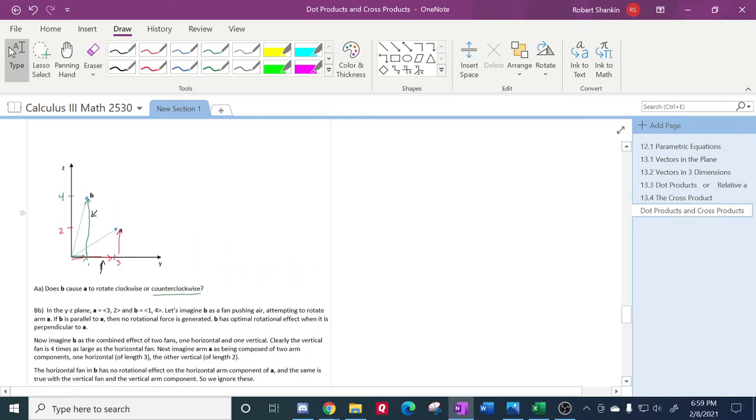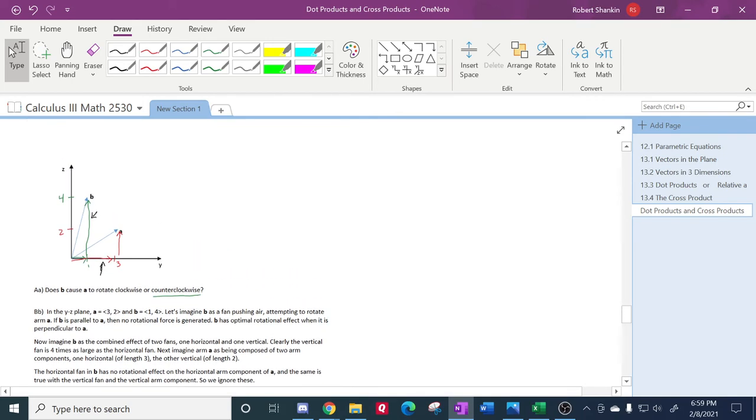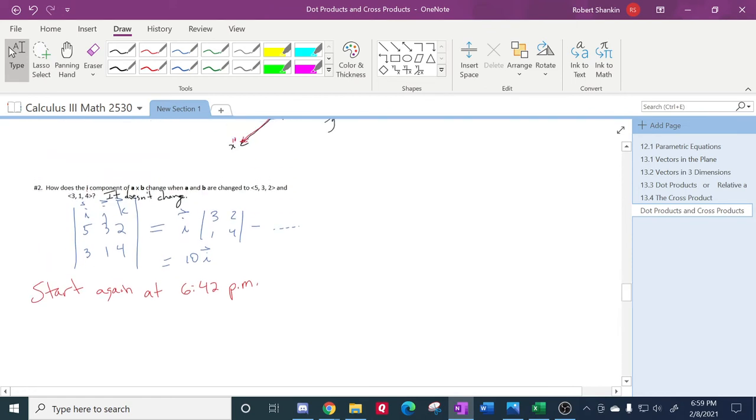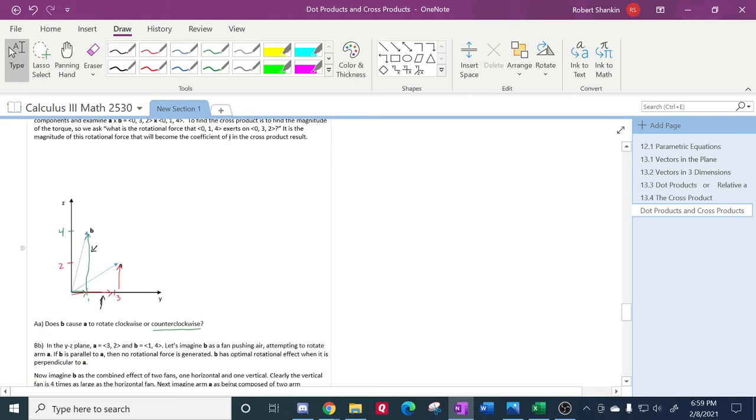Now, this is not the usual way that we would compute torque. The usual way we compute torque between A and B would be that we would, let me go to blue, repeat this picture over here.